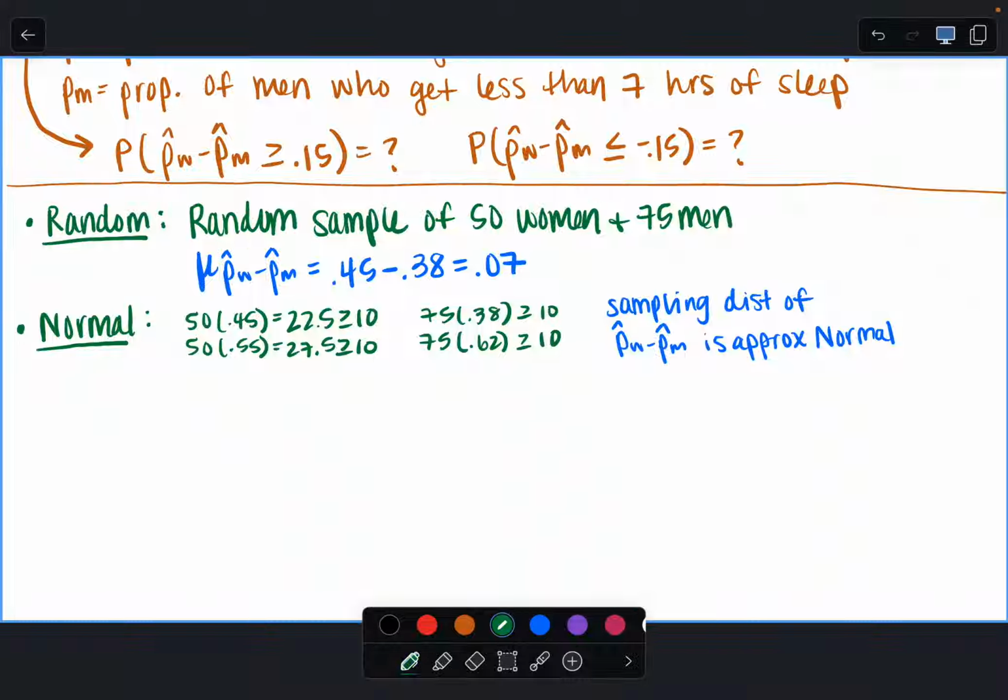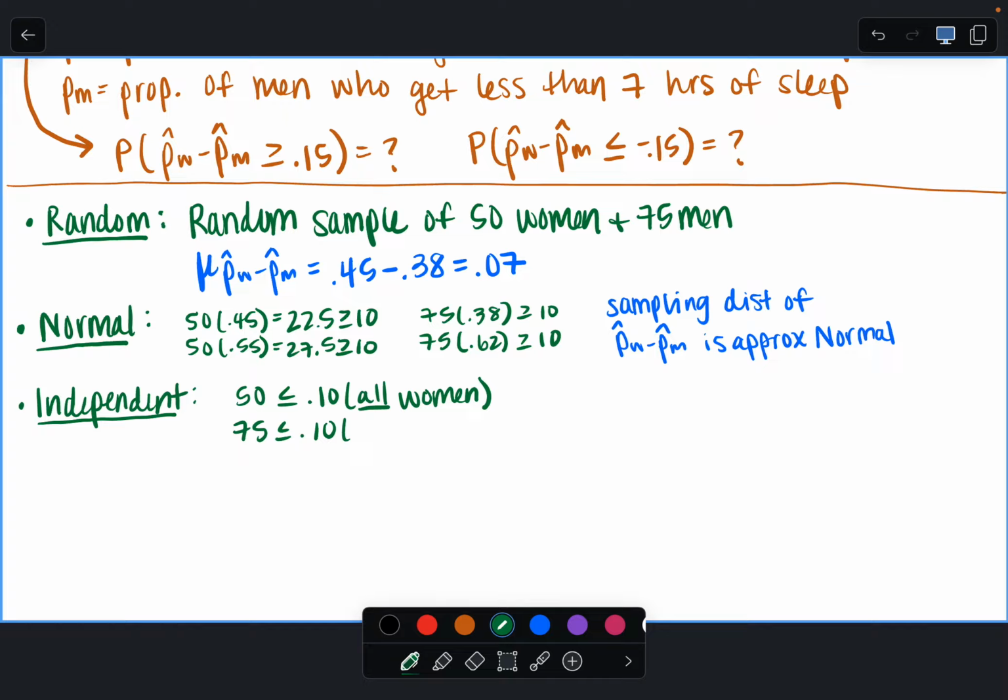And then the last thing we check is independence. If this were an experiment where I was just testing something and assigning to treatments, I could say that the experimental units are independent. But because I sampled from the population, I can say my 50 women is less than 10% of all women, and my 75 is less than 10% of all men.